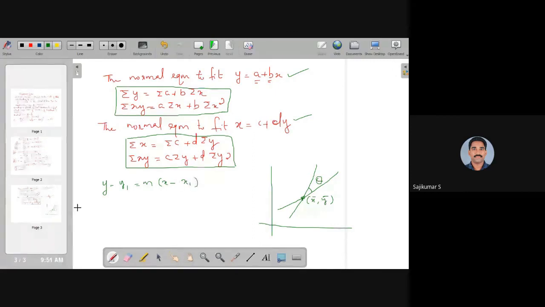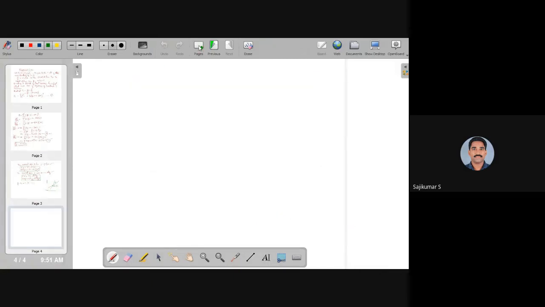So using this idea, we can write down the regression line of y on x and regression line of x on y. So the passing through point, instead of x1, y1, here we can replace it as x bar, y bar, and this slope is called the regression coefficient. So we can have two different types of regression lines, the regression line of y on x and regression line of x on y, in terms of regression coefficients.